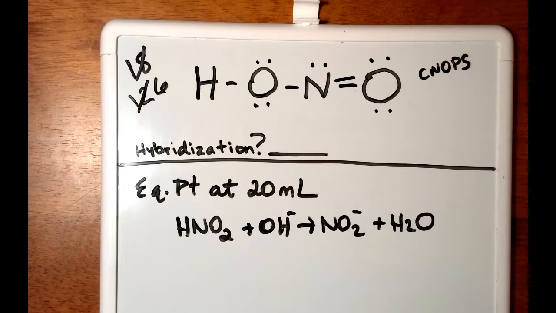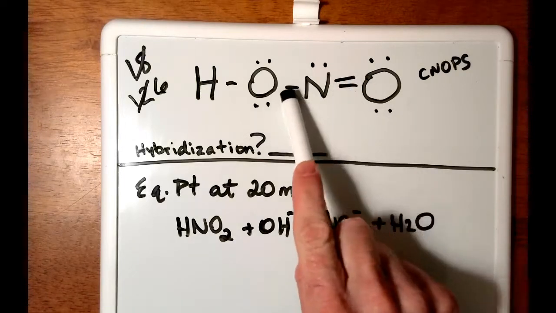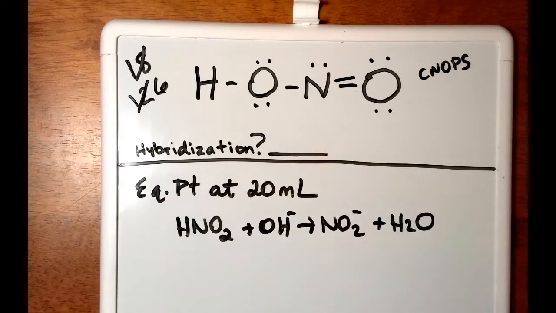For the hybridization, we just have to be careful and think back. Hybridization is based on the number of electron sites around the element in question, and a single bond, a double bond, a lone pair, a triple bond, they all count as 1 site each. So 1, 2, 3.